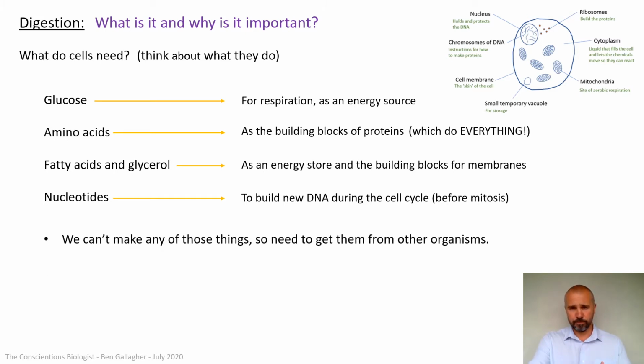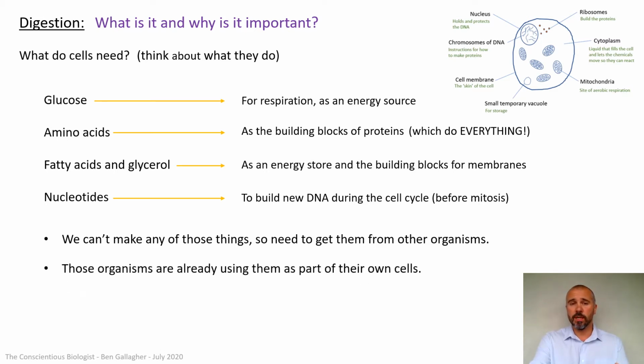Now the reason why we need those is we can't make those things ourselves. So we need to get them from other organisms. To do that, of course, we need to eat those organisms, because those organisms are already using those nutrients as part of their own cells. If you're eating a beef burger, well, the beef came from a cow. The nutrients that are inside the beef were from the cow's cells.